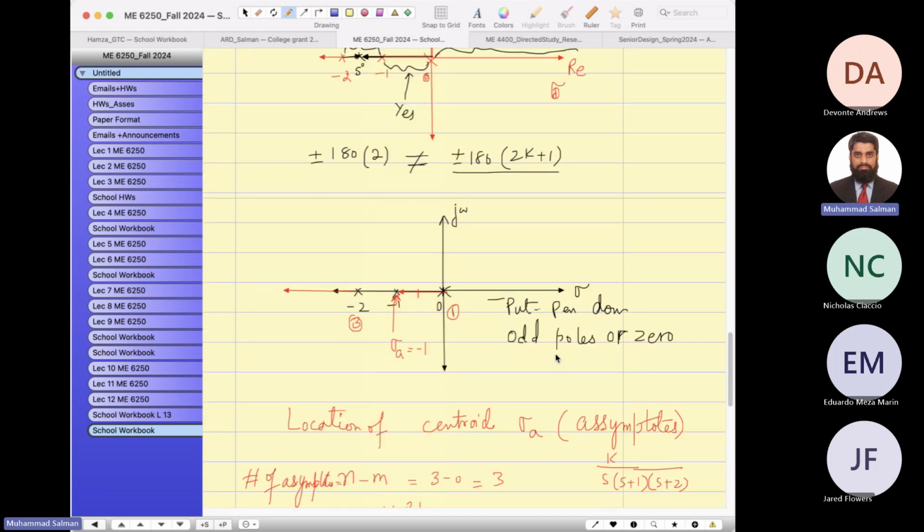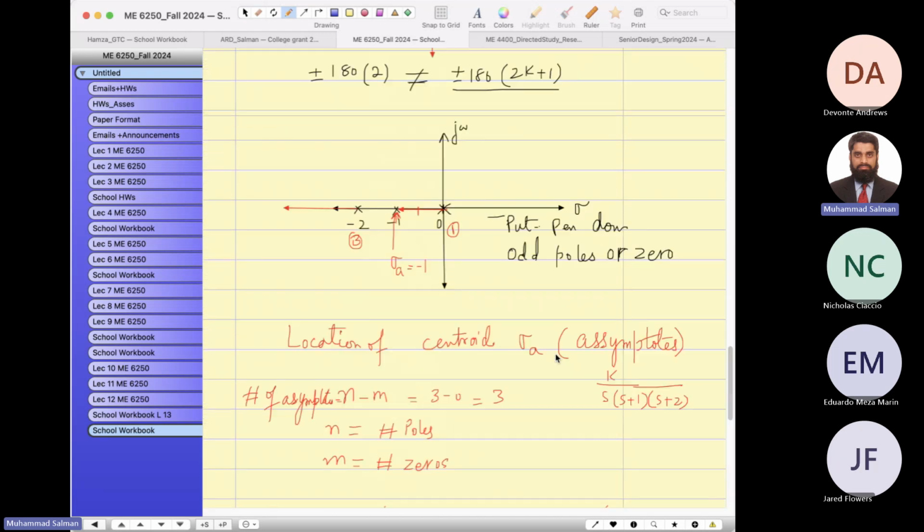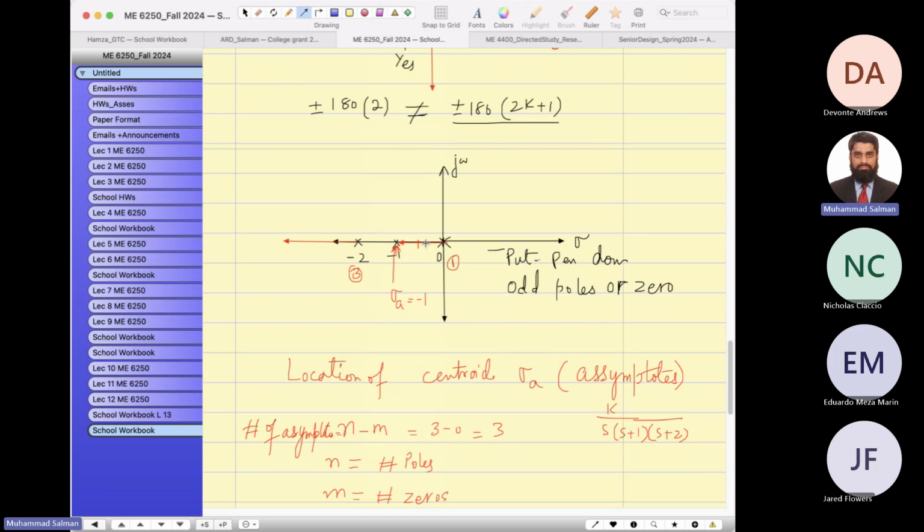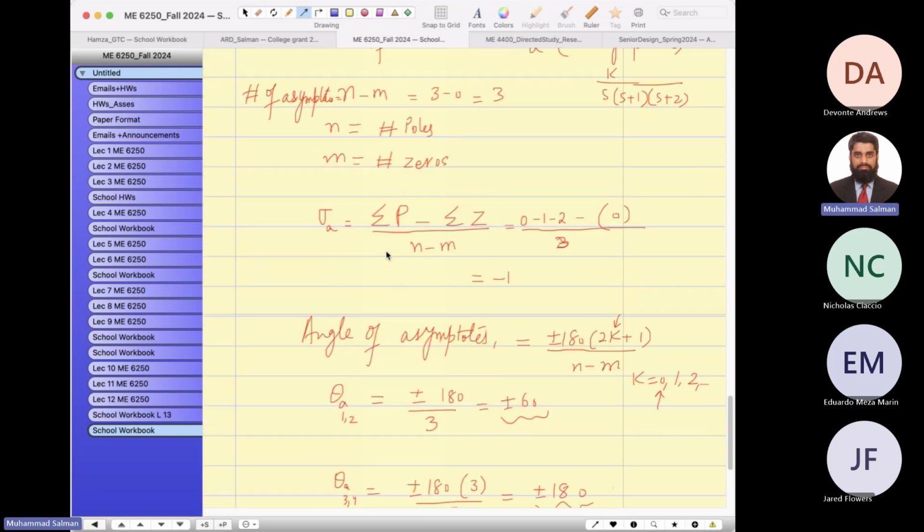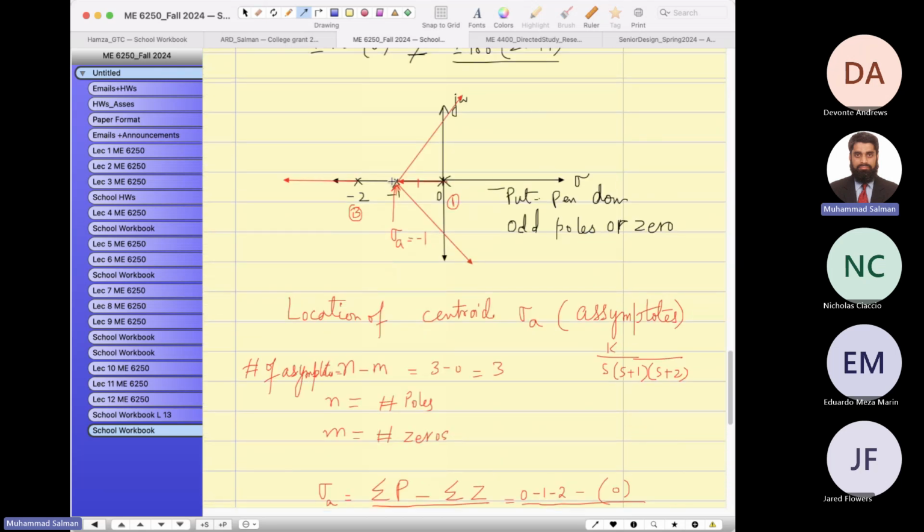I'm going to draw plus minus 60, a line at an angle of 60 degrees here. This is plus 60, and the third line is plus minus 180, which is starting from the centroid to negative infinity. So this is my plus 60.